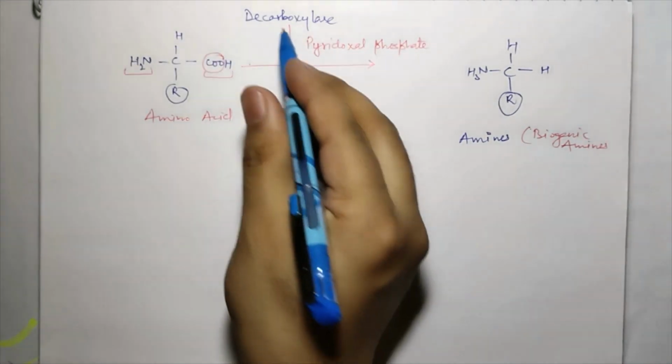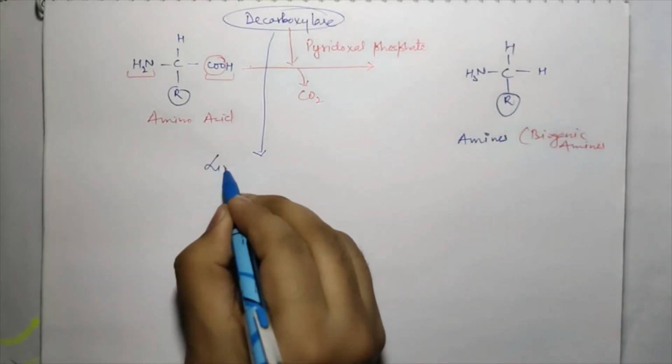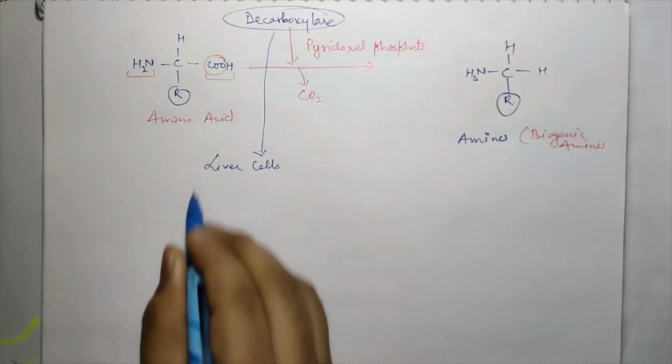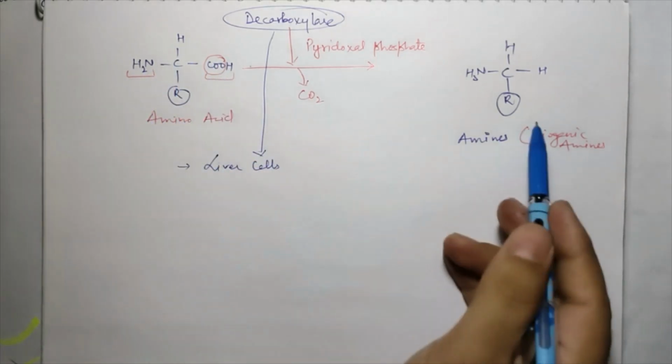Now this decarboxylase enzyme is found in liver cells, which act on specific amino acids and convert them into amines.